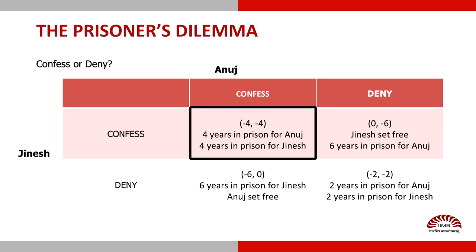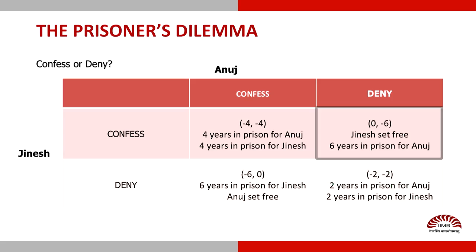they will get 4 years in jail each. That is why you have -4 and -4 in that particular cell. I will talk a little more about it later. Similarly, if Jinesh confesses and Anuj denies, then Jinesh is going to get away scot-free, 0 years in jail, whereas Anuj is going to get 6 years in jail.